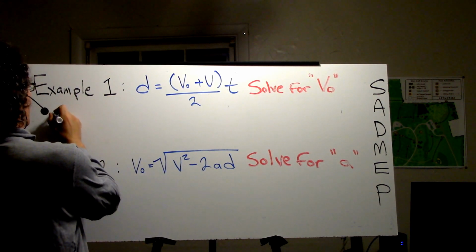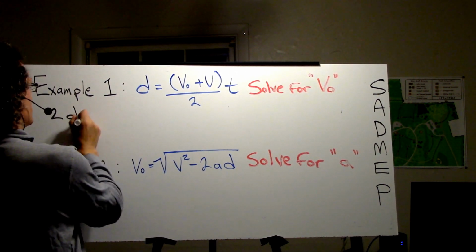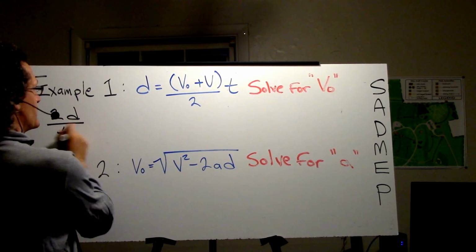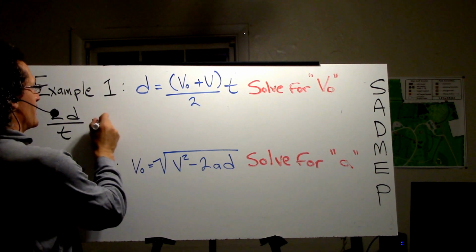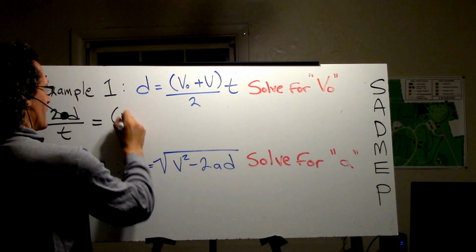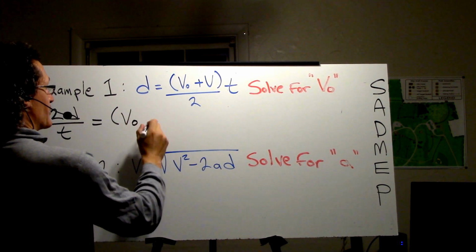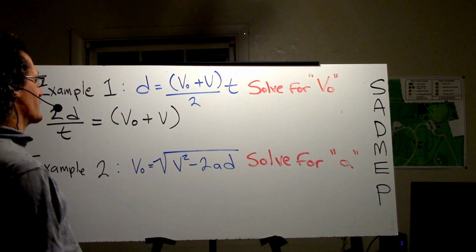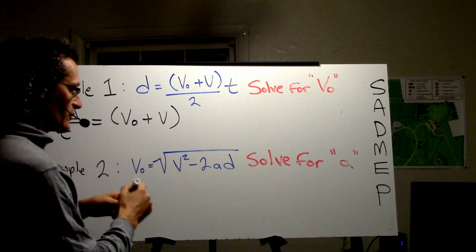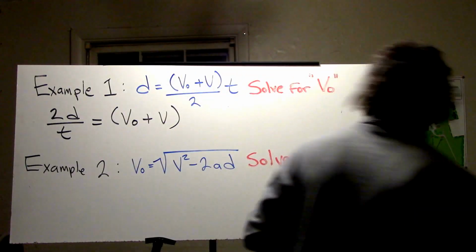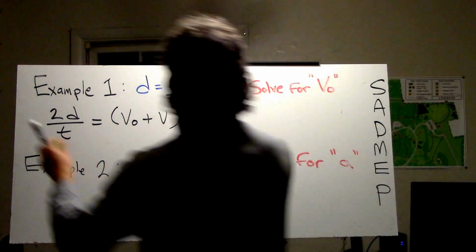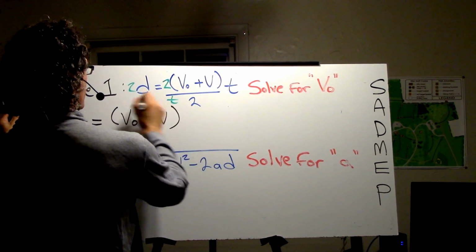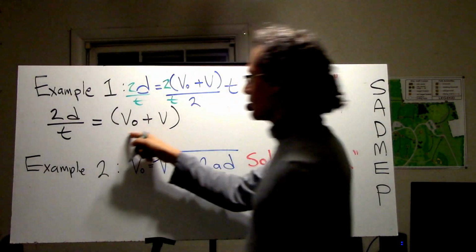It's going to look like this. 2d divided by t equals parentheses, although we can get rid of them now because nothing's attached to them, v0 plus v, like that. We'll just kind of keep it consistent over there. So on both sides of the equation, essentially, what I did is multiply both sides by 2 and divide both sides by t, and we get this neat expression over here.